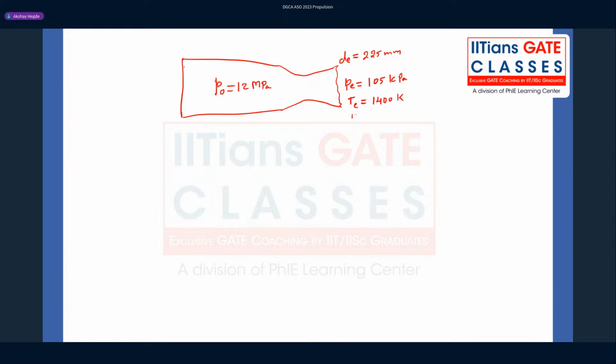The mass flow rate of the propellant is 15 kg per second, and they are asking us to calculate the exit plane velocity.